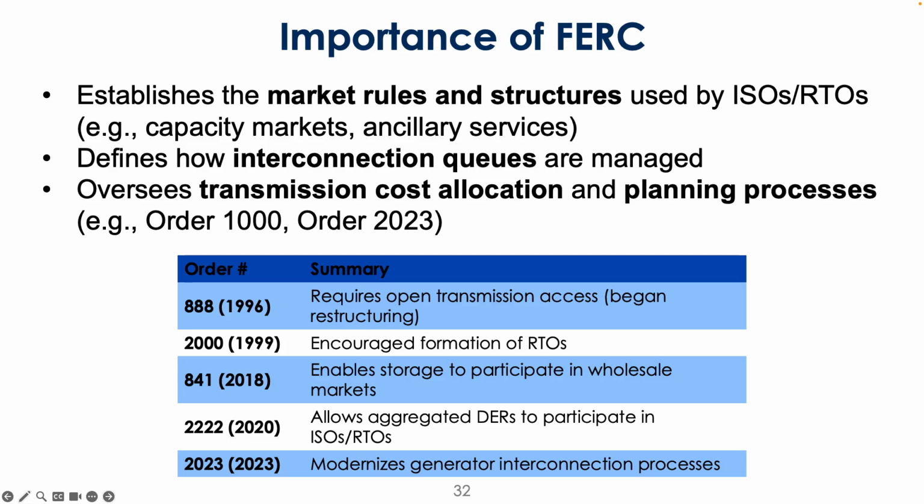And on the transmission side, they define how interconnection queues are managed, and they oversee cost allocation of transmission and planning processes. FERC can give these regulatory orders, and this is a table of some of the more significant orders that have come out of FERC, and what they've done.